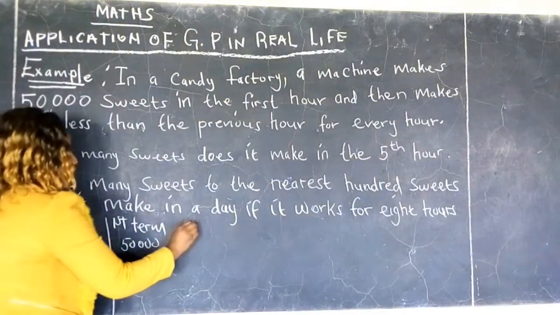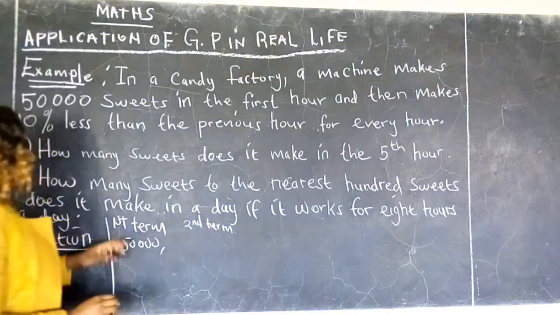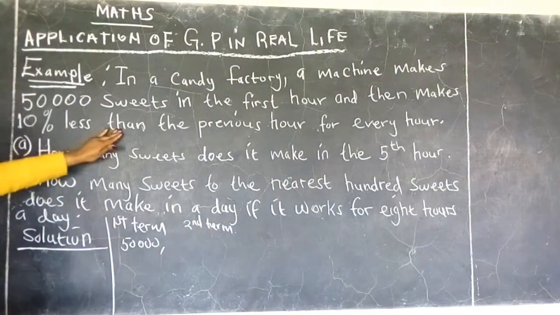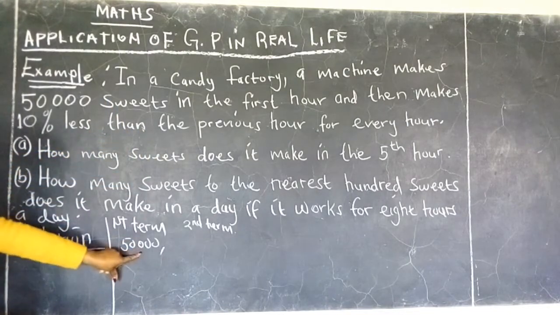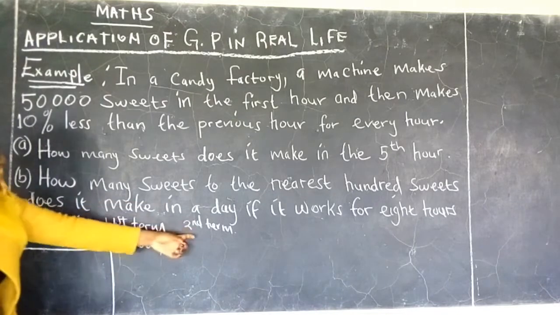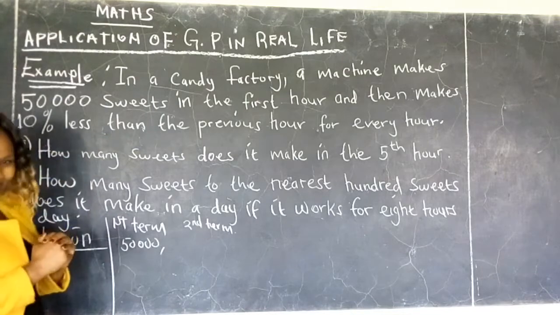The second term is 10% less than the previous hour. So this one is 100%, and the second term is 10% less than the previous hour.